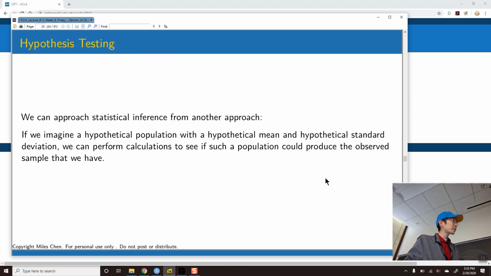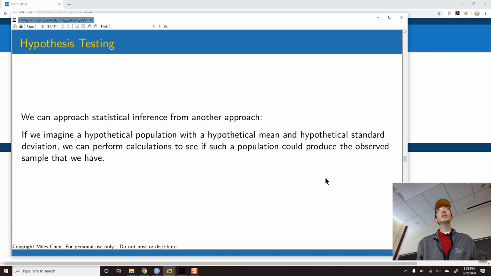Anyway, the other statistical inference tool that you learned is hypothesis testing, right? In hypothesis testing, we imagine a hypothetical population with a hypothetical mean and standard deviation. We perform calculations to see if this hypothesized population could produce the observed sample that I actually have.